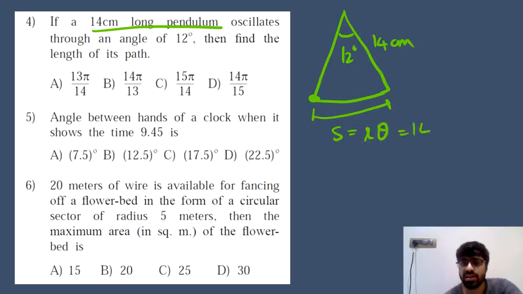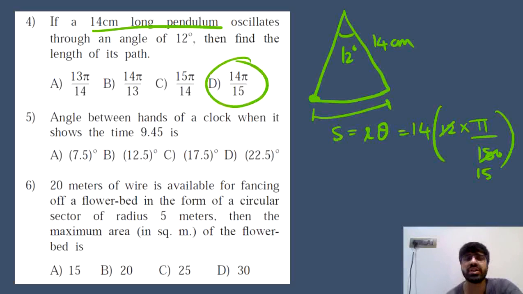The radius being 14 centimeters, and theta had to be written in radians. 12 can be converted into radians by multiplying with pi upon 180. So we have theta as 12 into pi by 180. 12 and 180 get cancelled, giving you 15 in the denominator, and the length of path is 14 pi upon 15. So 14 pi upon 15, option D is the right answer.